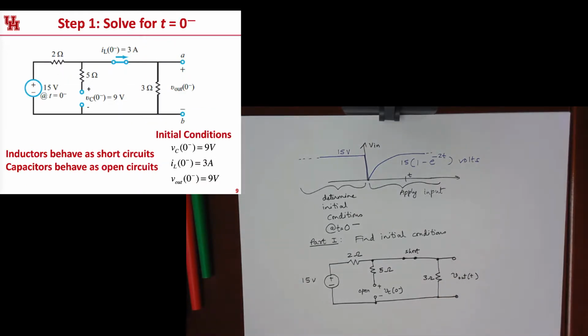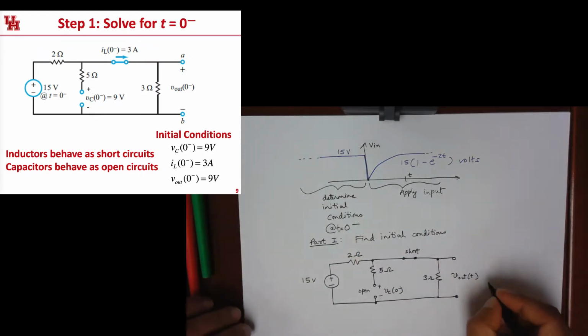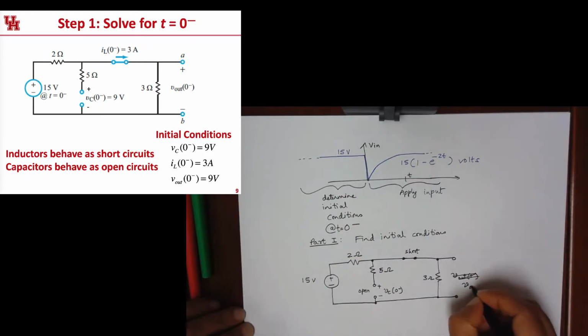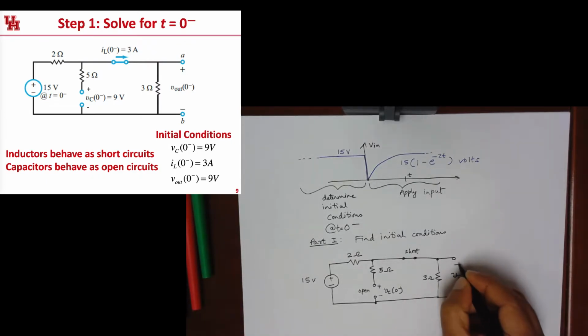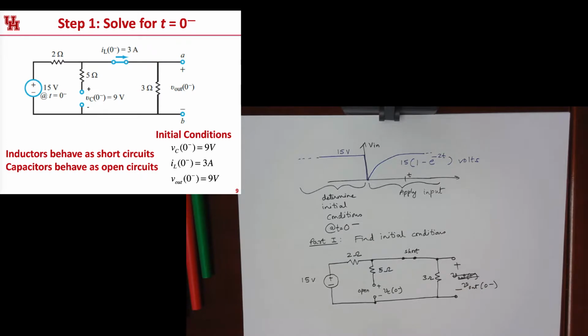So all voltages at 0 minus, this is basically our V out at 0 minus. Our job is now to figure out what these voltages and currents are. Obviously there's not going to be any current flowing through the capacitor, so all the current is going to flow like that.